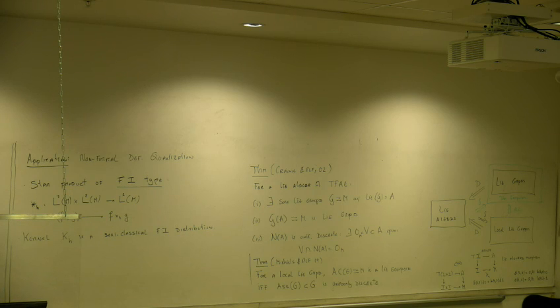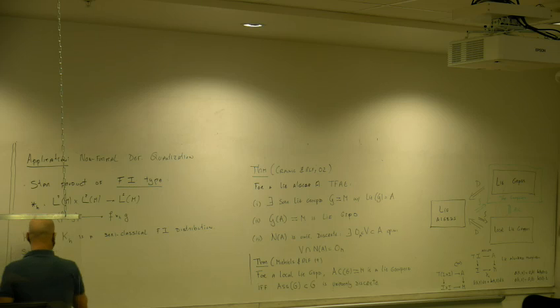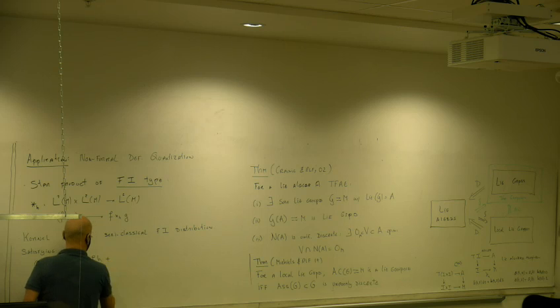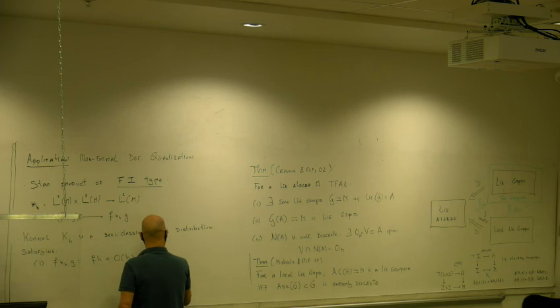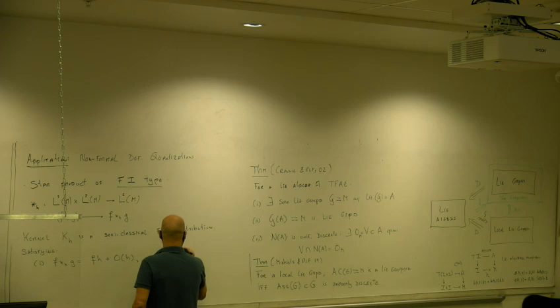Now to be a star product, it has to satisfy a few properties. First of all, it should deform the usual product, so you should start with something like that, but here only for smooth functions of compact support.